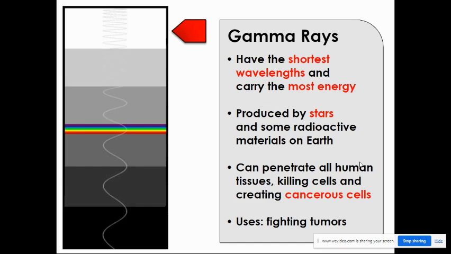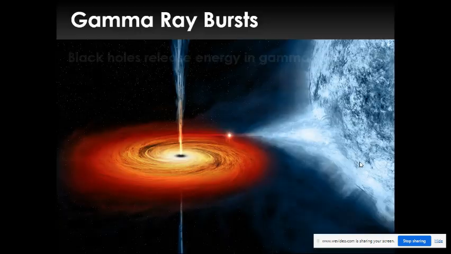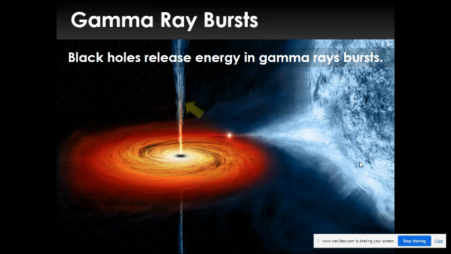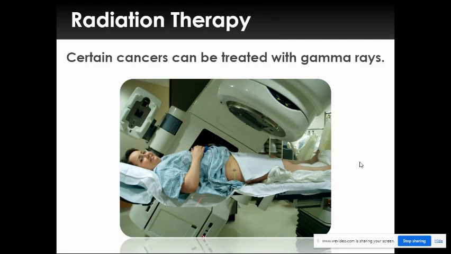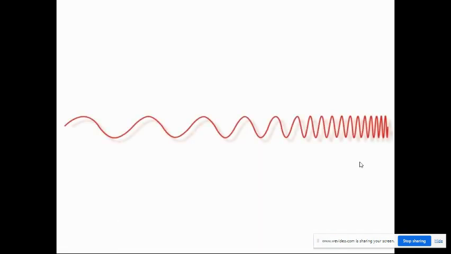They can penetrate cells and kill cells. They can also cause mutations in the DNA, causing tumors and cancers to grow. They're also used to fight tumors because they can kill the cells in tumors. So gamma ray bursts occur in black holes, and we treat cancer with radiation treatment, and that's gamma radiation.